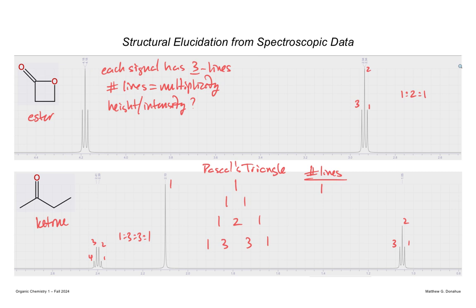If you see 2 lines, they'll be equal in a 1-to-1 ratio. 3 lines, as we saw for the ester and for the ketone, it was 1 to 2 to 1. And then 4 lines, 1 to 3 to 3 to 1.